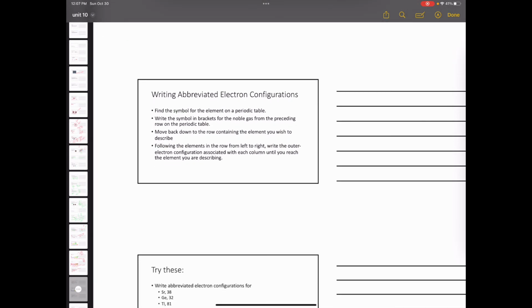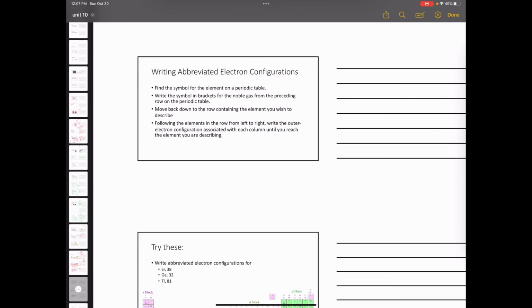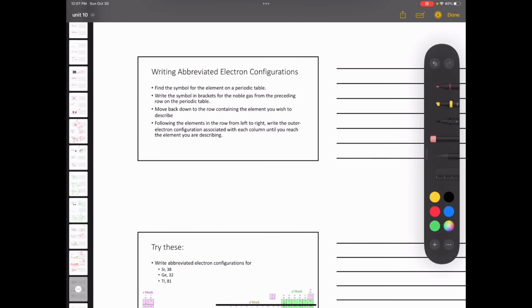So how do we do abbreviated electron configuration? First, you'll have to locate that element in the periodic table, similar to what we did in previous examples. Then you write the symbol in brackets for the noble gas that precedes that row in the periodic table.